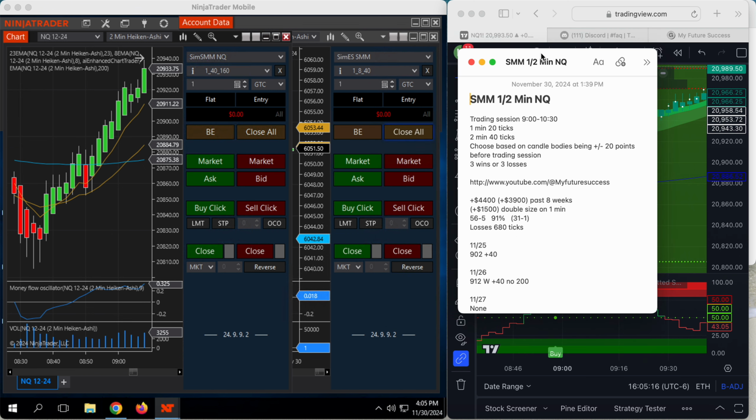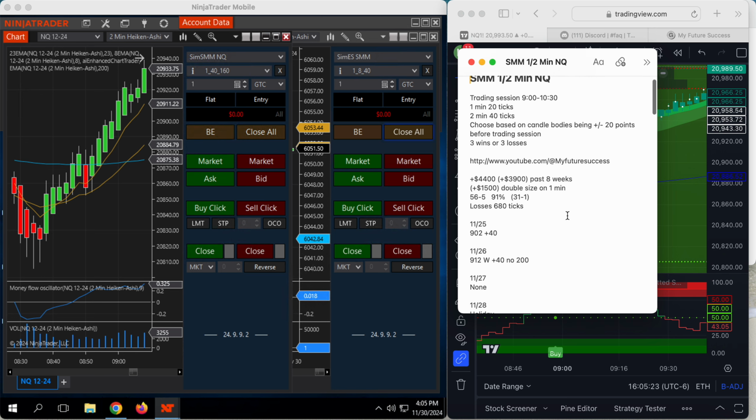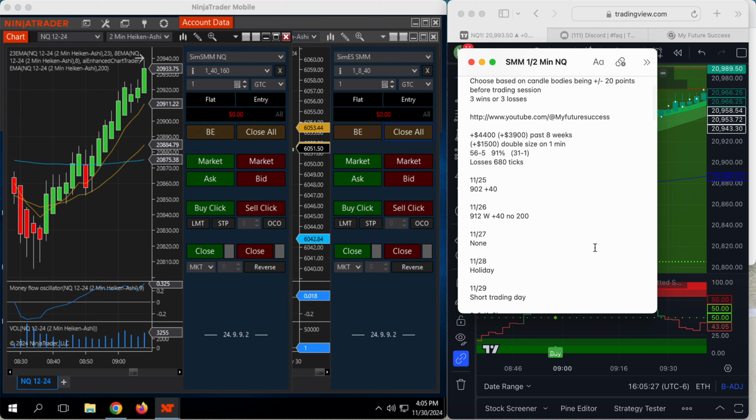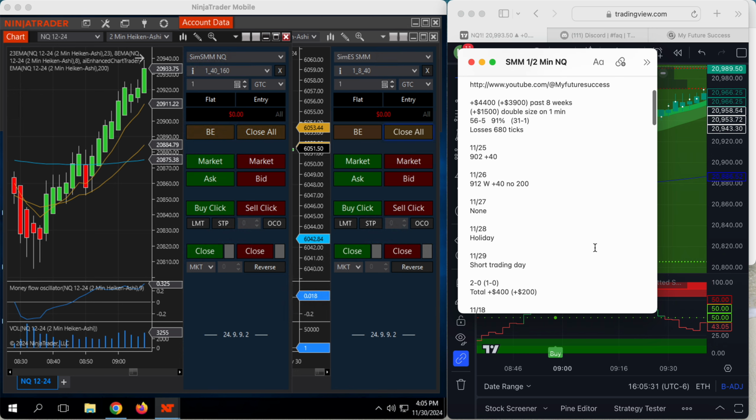So here's my 1 minute, my 2 minute. It talks about profit targets, trading sessions, and all of my timestamps on here are what are in NinjaTrader, since that's what I use. So they're going to be an offset from the TradingView signals. And I've even marked if it's no 200 EMA, which means you're going against the longer term trend on it.